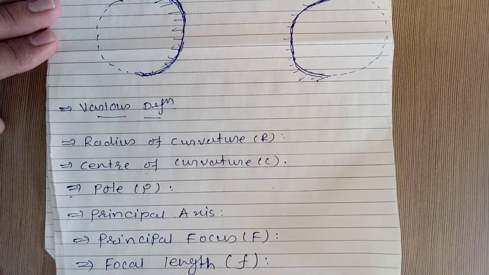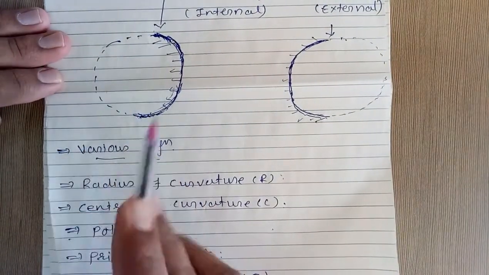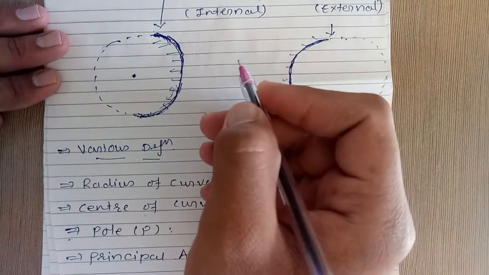Then center of curvature. The center of the spherical shell is known as the center of curvature. Once again, the center of the spherical shell is known as the center of curvature. Here, this is our spherical shell, and this is the center of the spherical shell.